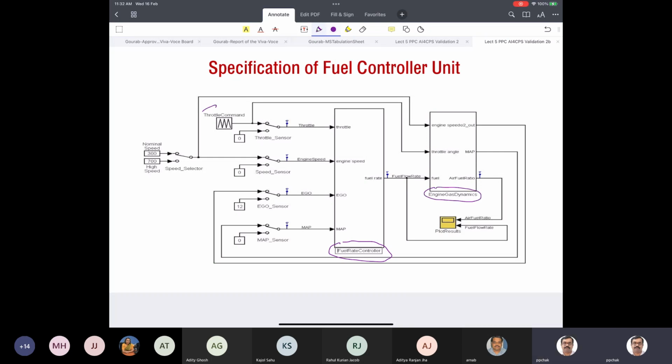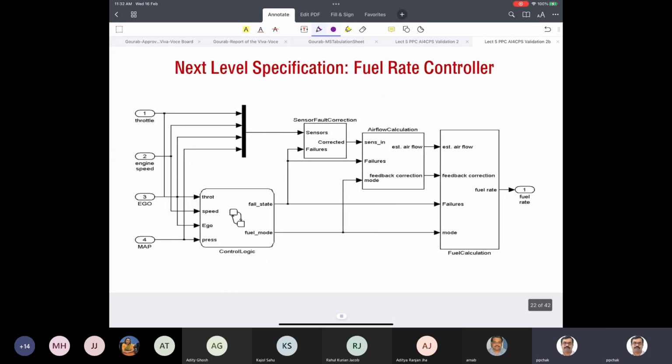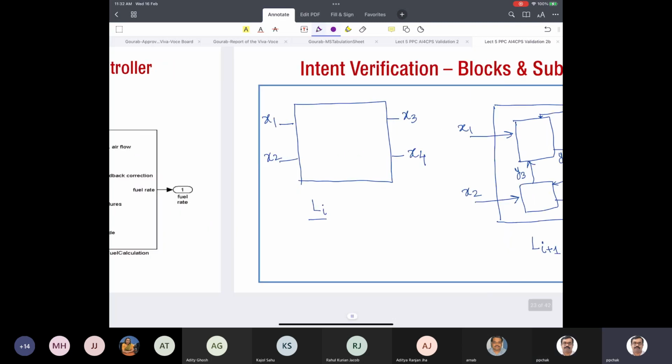There is a throttle command and every other thing. And this block can again be refined into more blocks. This is the fuel rate controller. So I have a specification with some input and output, and then I have refined it and created further blocks.